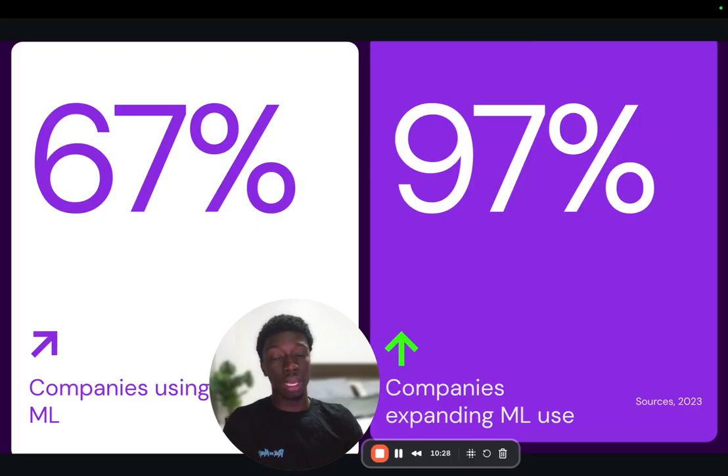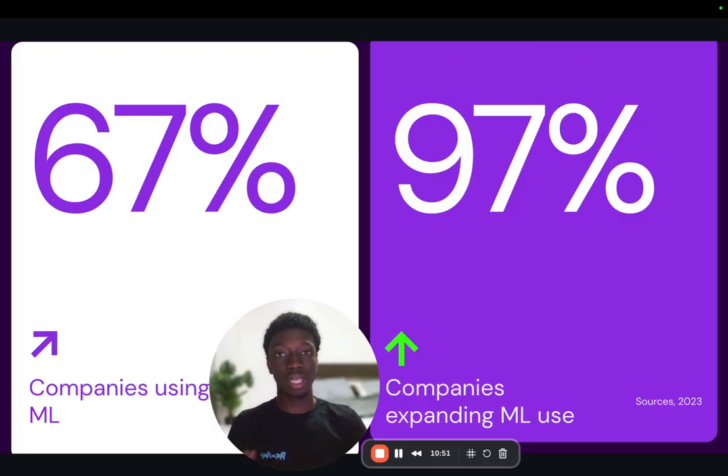Technical reported that AI can improve worker performance by up to 40%. This isn't just hype or a message to scare you. It is real, and it's happening very fast.